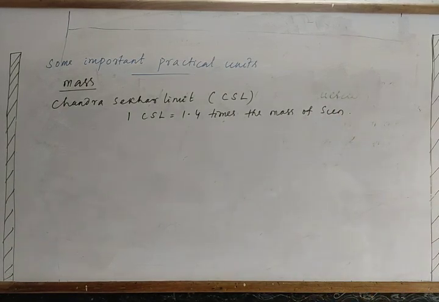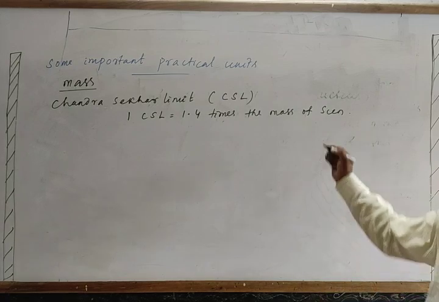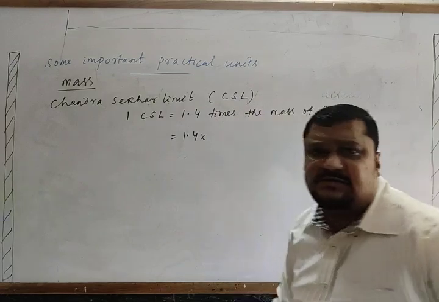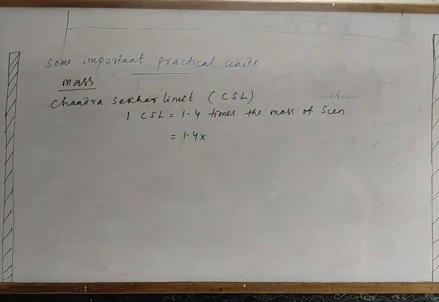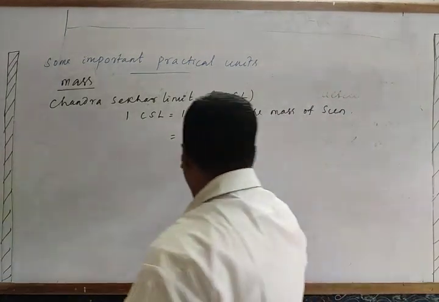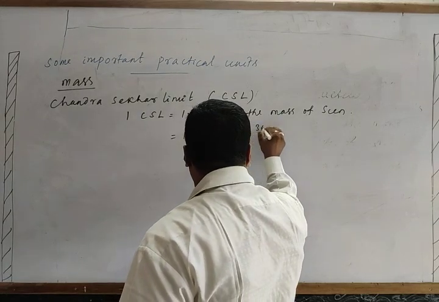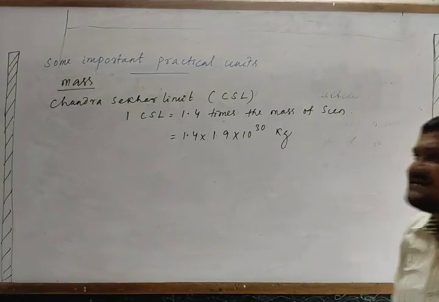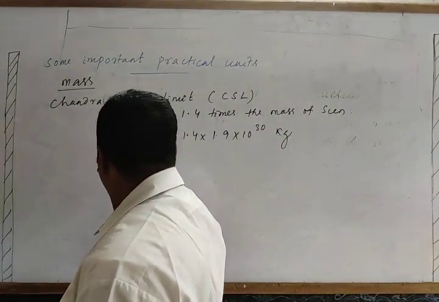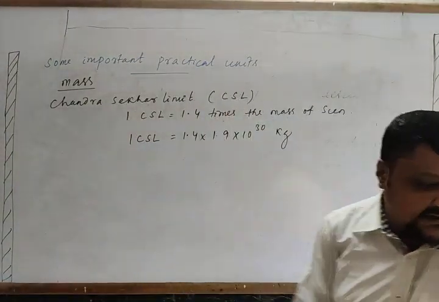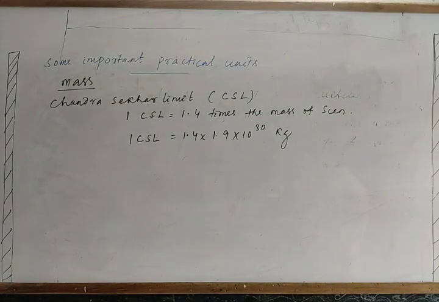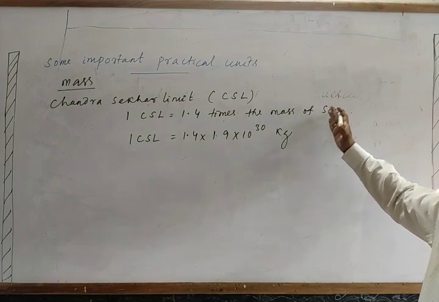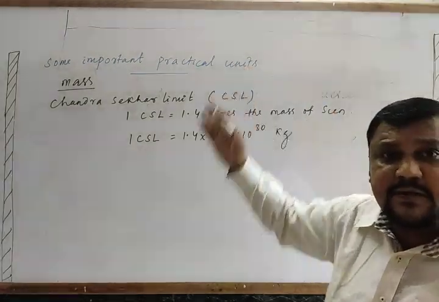The mass of sun is around 1.9 into 10 to the power 30 kg. So 1 CSL is this mass. For large masses we are using the Chandrasekhar limit because this is compared with the sun. Sun is a very heavy massive body.